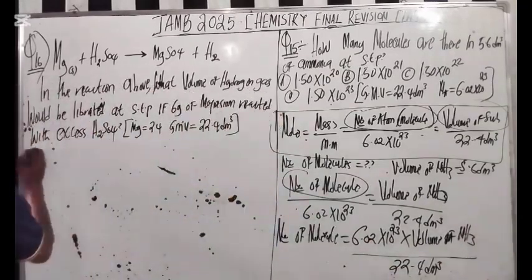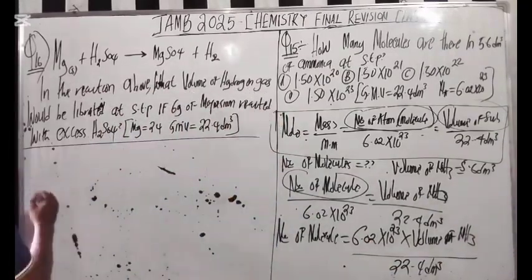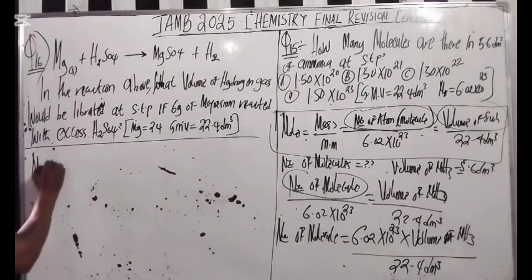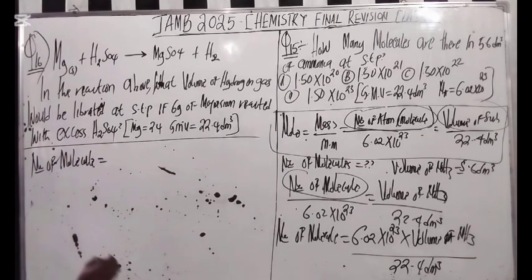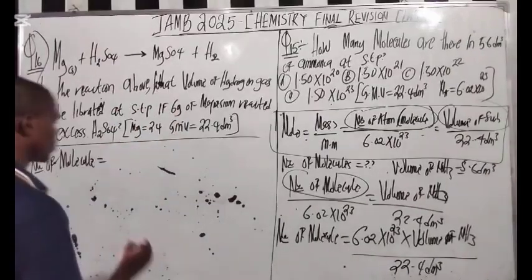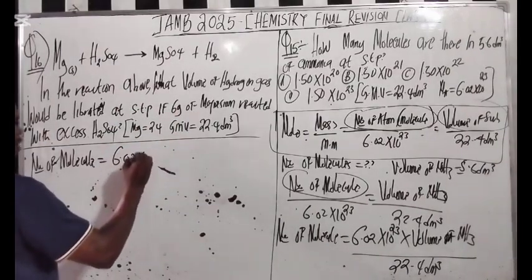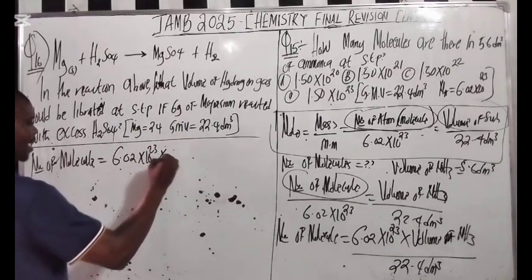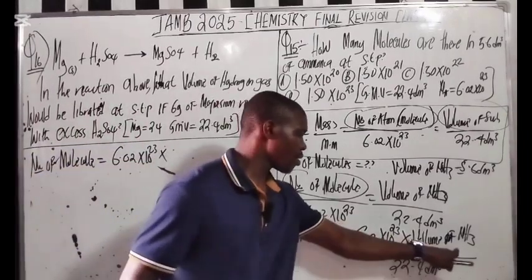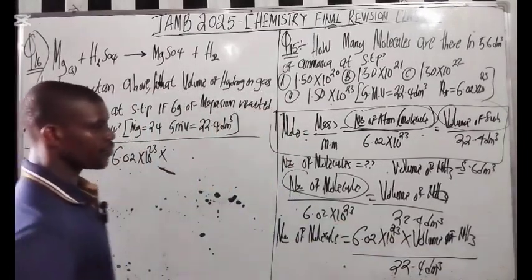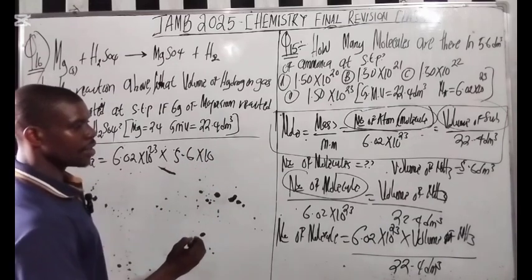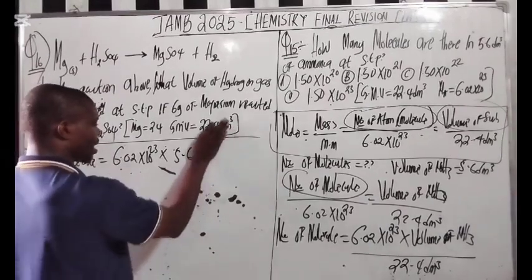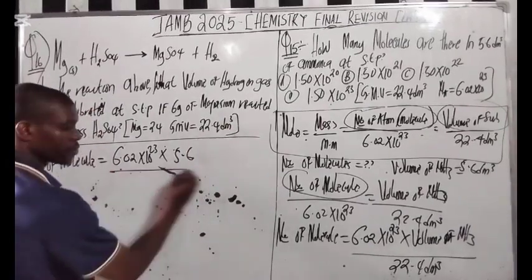So you have number of molecules is equal to 6.02 exponential 23 times, here we have 5.6, over 22.4.